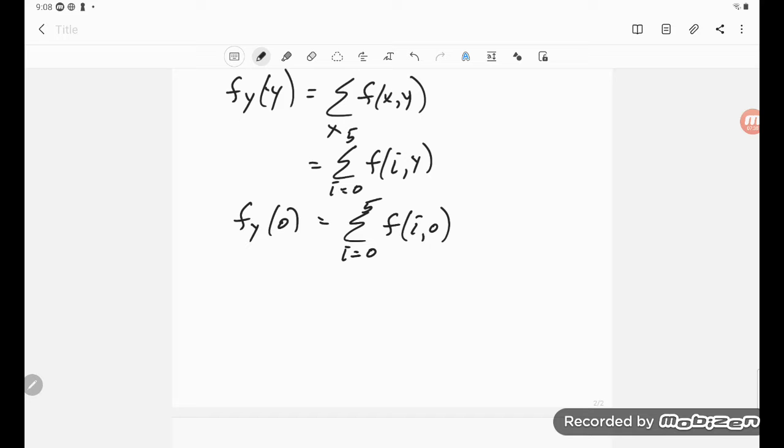And once again, f of 0, 0 is 0. f of 1, 0 is 0. 2, 0. 3, 0 is 0. 4, 0 is 0. But then 5, 0 is p to the fifth.